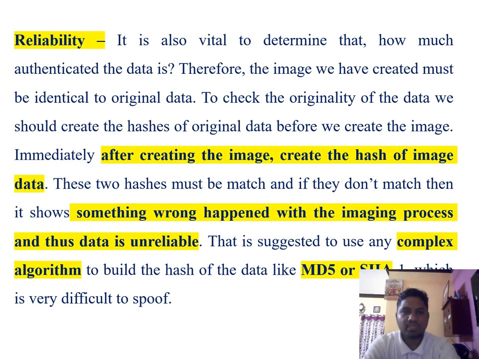These two hashes must match, and if they don't match, something went wrong in the imaging process and the data is unreliable. It is suggested to use a complex algorithm like MD5 or SHA to build the hash of the data, since it is very difficult to spoof.